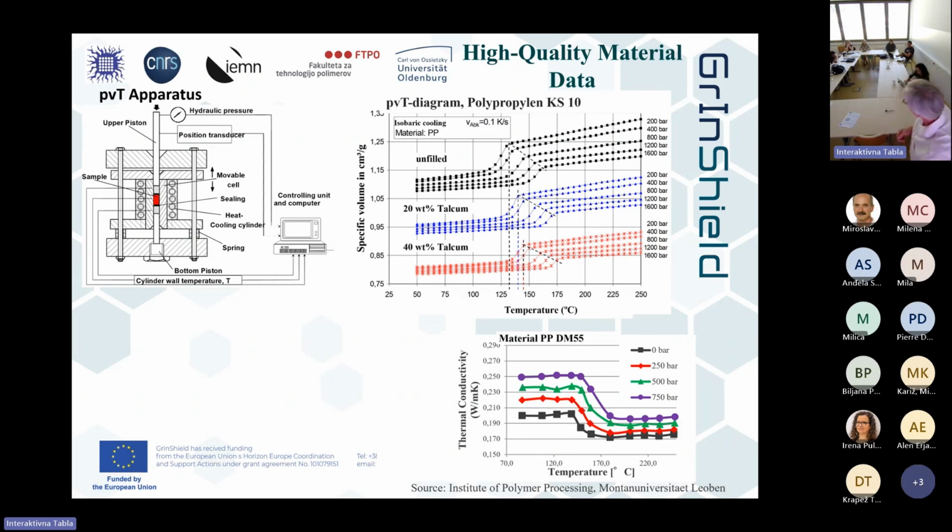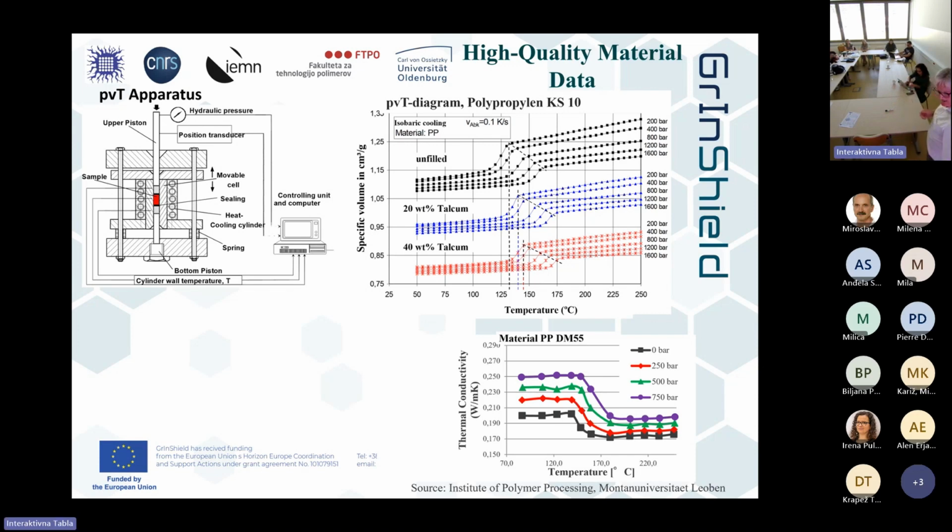If you don't take this into account, your frozen layers from the cold mold wall, in a runner system, the melt is hot, goes into a cold mold. The mold can be 50 degrees, 25, with a 250 degree melt temperature. Then from the boundary, from the cold mold, it freezes, and if the thermal conductivity is higher under pressure, it freezes faster.